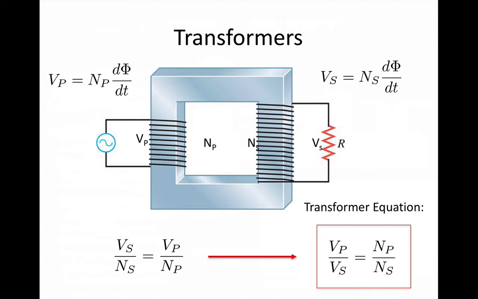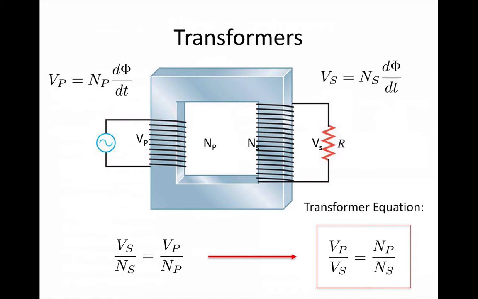Using Faraday's law again, that changing flux induces the secondary EMF, and the ratio of primary to secondary voltage is equal to the ratio of the number of coils in the primary and secondary circuits. So this is called the transformer equation, and it tells us that the primary voltage over the secondary voltage is equal to the ratio of the primary number of coils over the secondary number of coils.